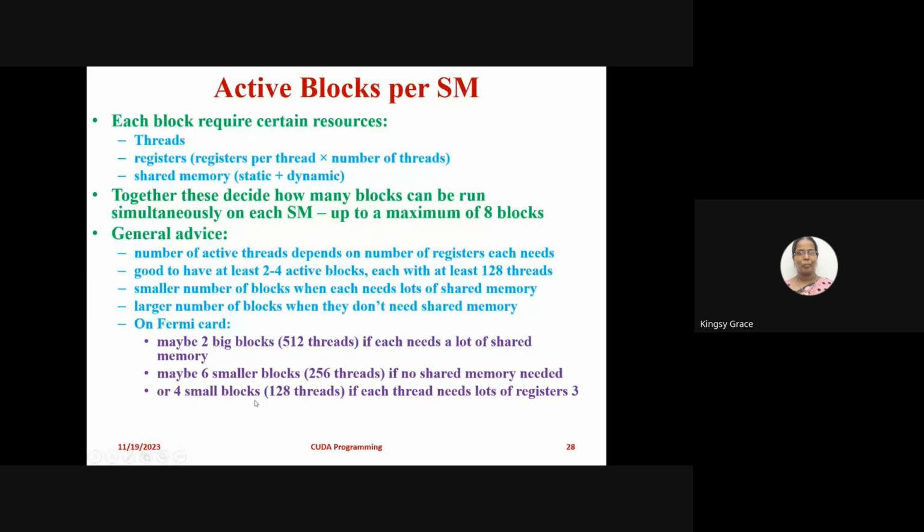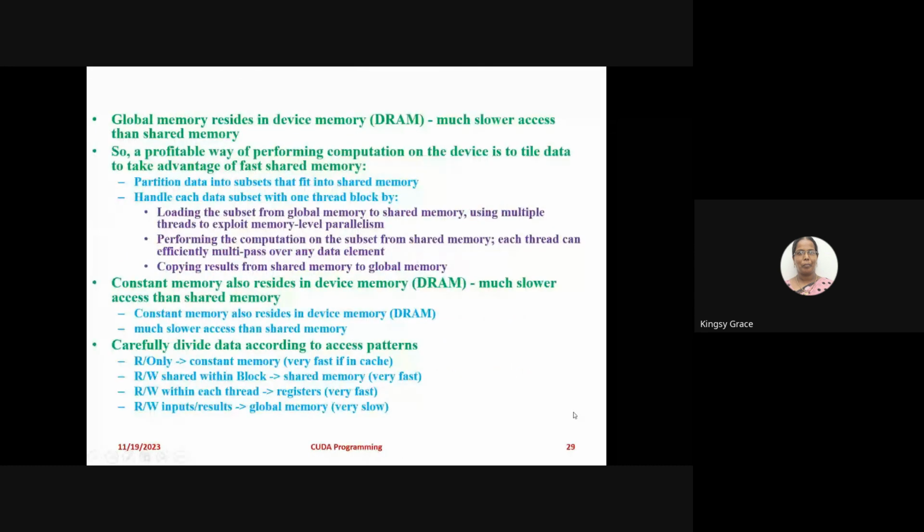Or four small blocks with 128 threads, each needing a lot of registers. And global memory is in the device memory; DRAM consists of the global memory.